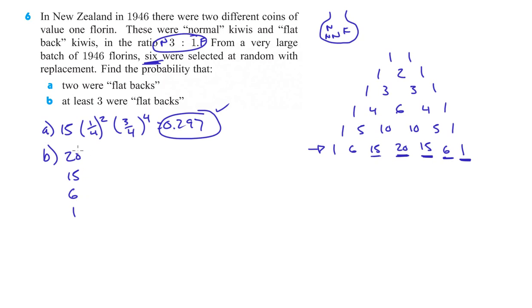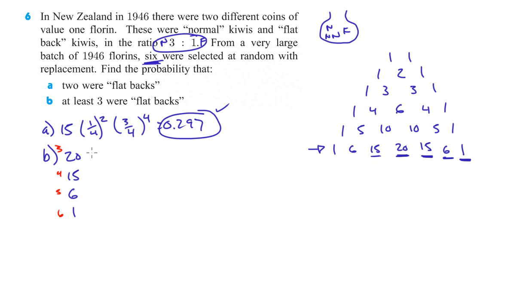This one is for 3 flatbacks, 4, 5, and 6. In the next section, I'm going to show you ways of doing this a little bit easier with your graphing calculator. But we'll do this the long way here, and it's okay.